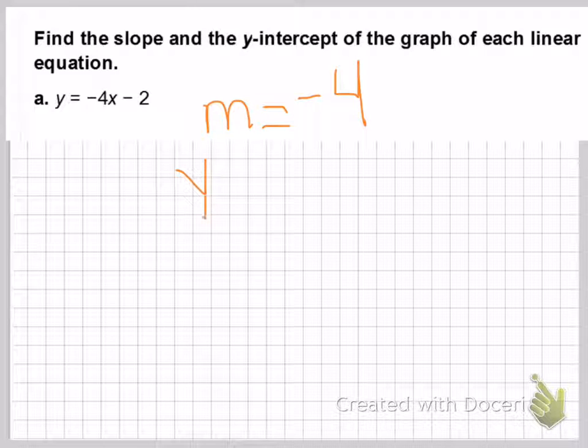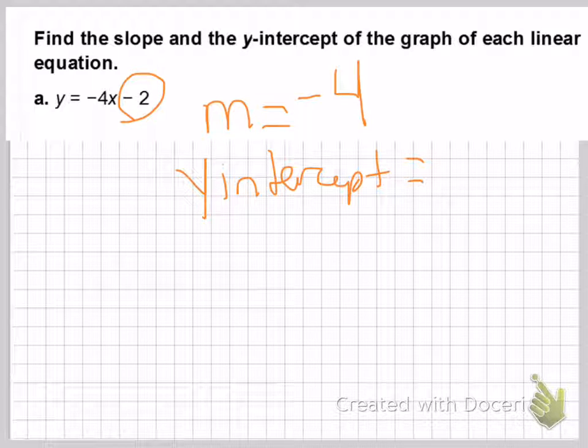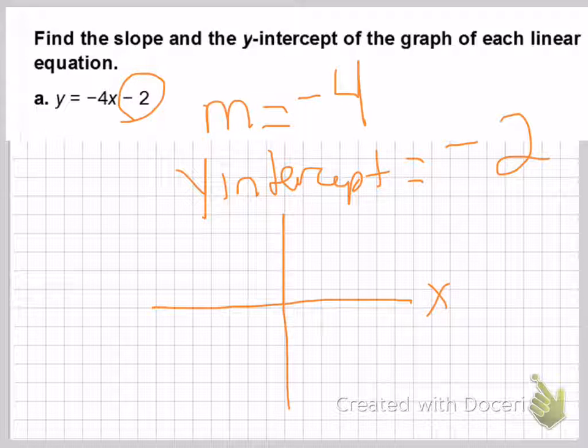My y-intercept, or my b, equals -2. Okay, so if I were to graph this, I'll make my x and y axis, I would start the graph at -2 on my y-intercept. So I put a dot at -2 on my y-intercept.